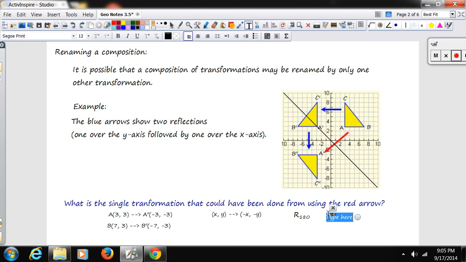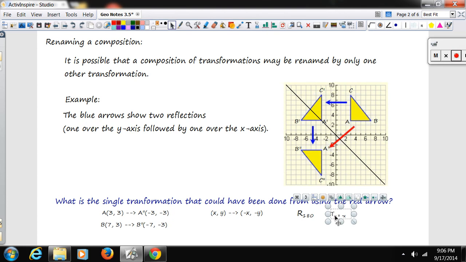We could also say it's a reflection over y equals -x, not y equals x, because y equals x is a positive line that goes up. This has a negative slope, so y equals -x would be our reflection. So either one actually would take this to here, but we did two reflections, and we got the same thing.